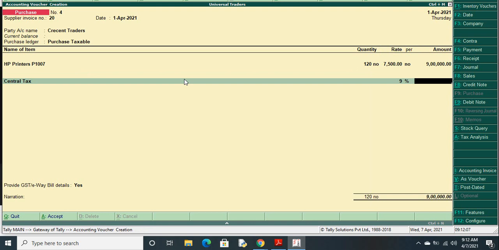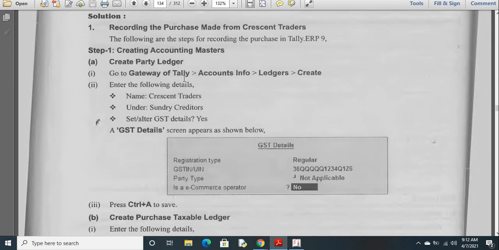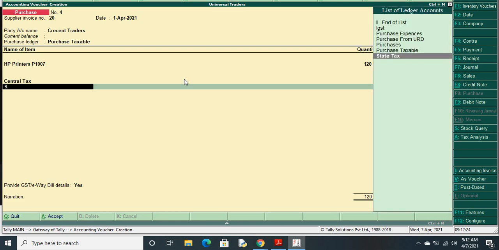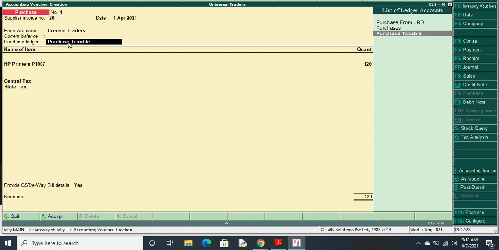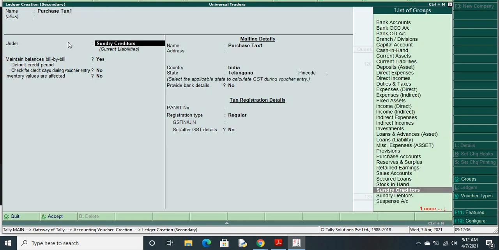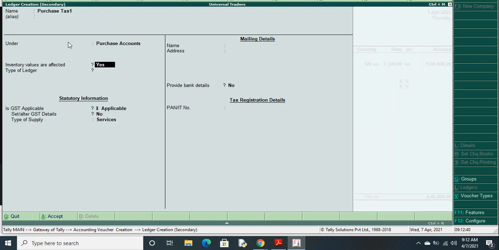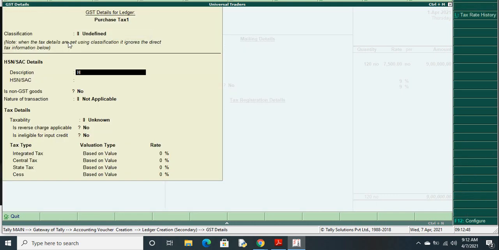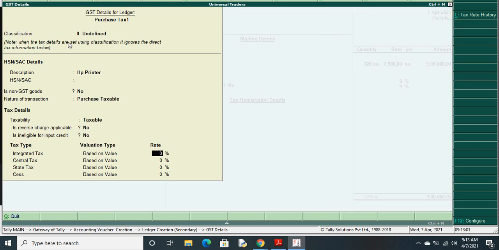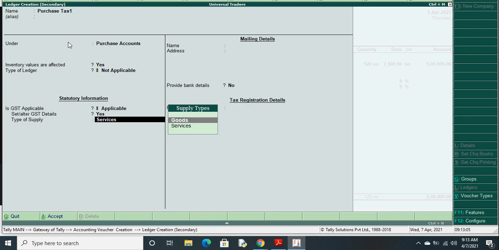CGST. Nature of transaction, purchase taxable, amount 18%, goods.